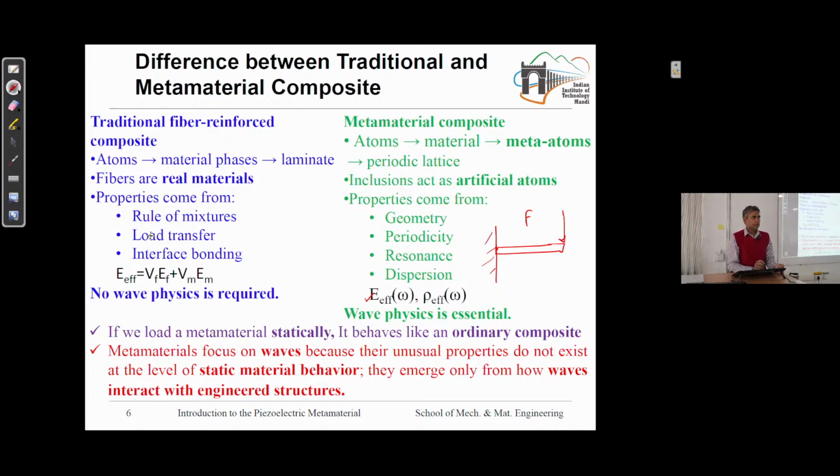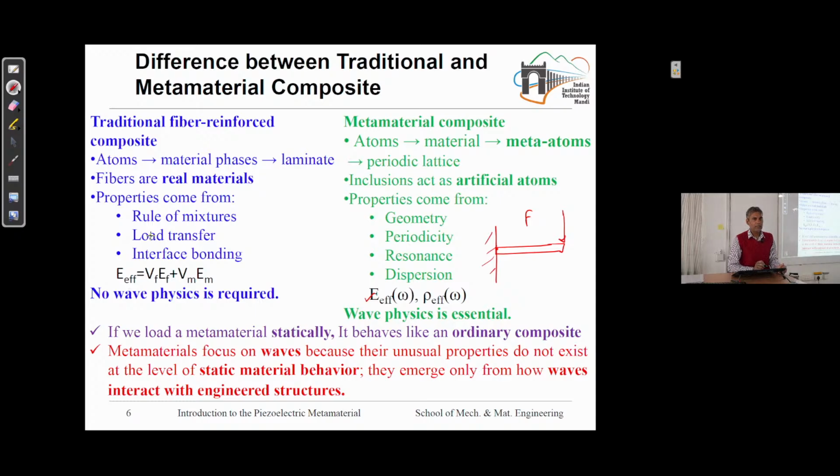So when we have a dynamic load, as mechanical engineers we are all aware of vibrations. Vibrations occur because of the dynamic load only. Similarly, in electrical engineering we have electromagnetic waves.